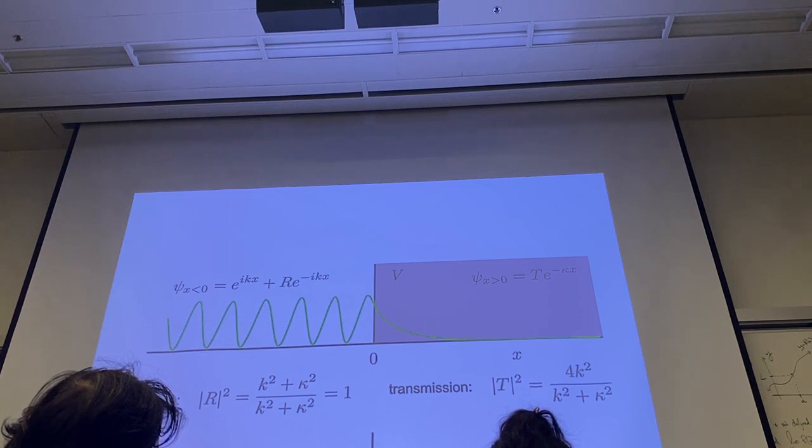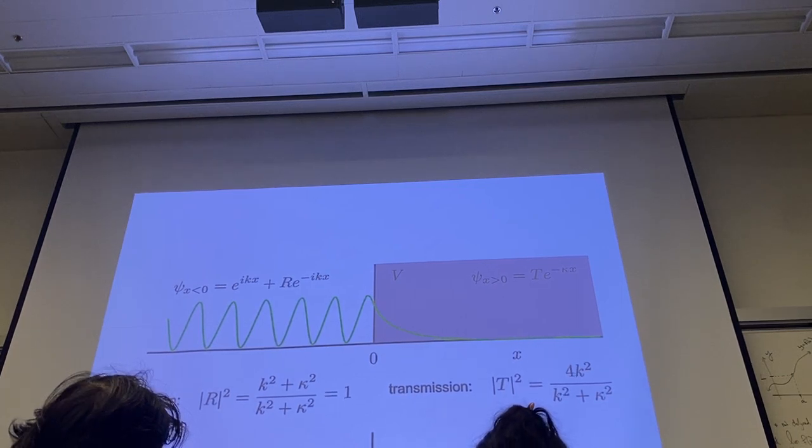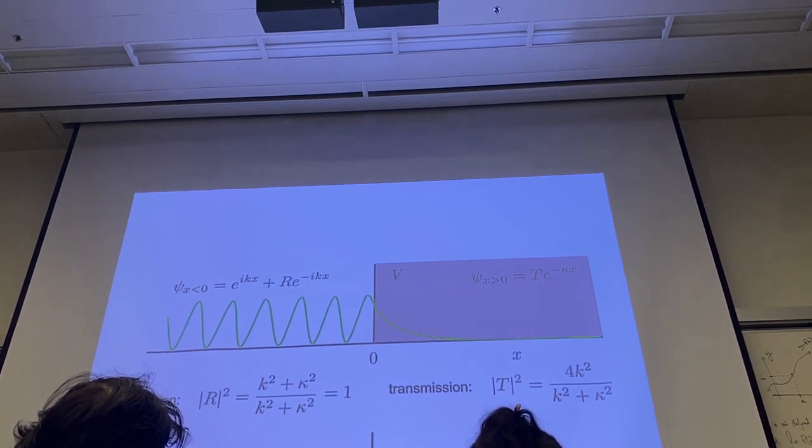Okay, so let me try to understand my result. And why is it so interesting? So, if a particle comes on this side and travels towards the right, r is 1, meaning there is a 100% chance that that particle will be reflected off the barrier. Okay? Will bounce back.